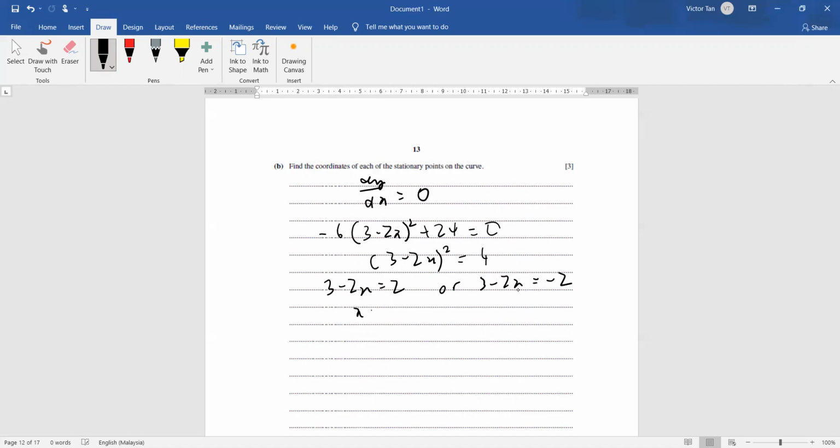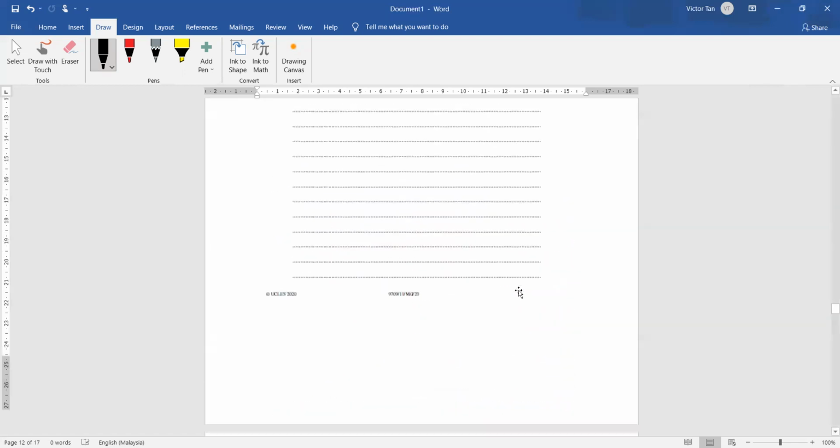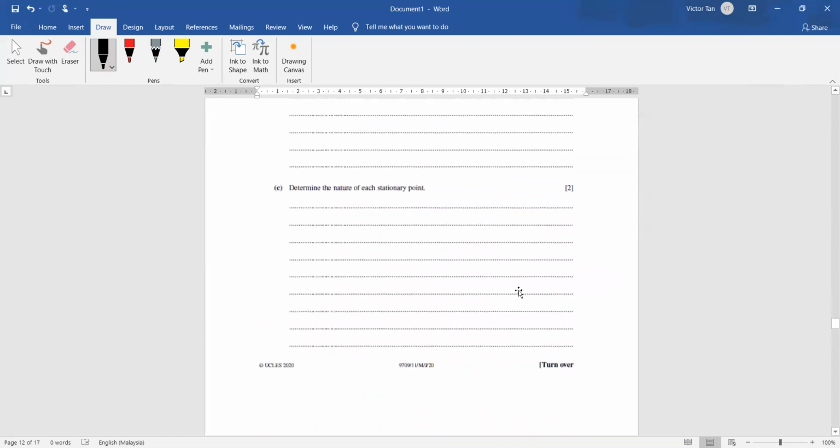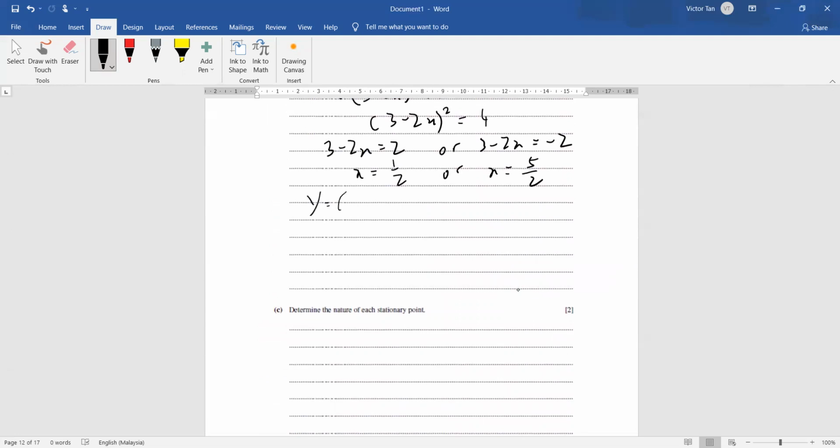Solving, you get x equals half, or x equals 5 over 2. y equals 3 minus 2 times half cubed plus 24 times half, which is 8 plus 12, 20.